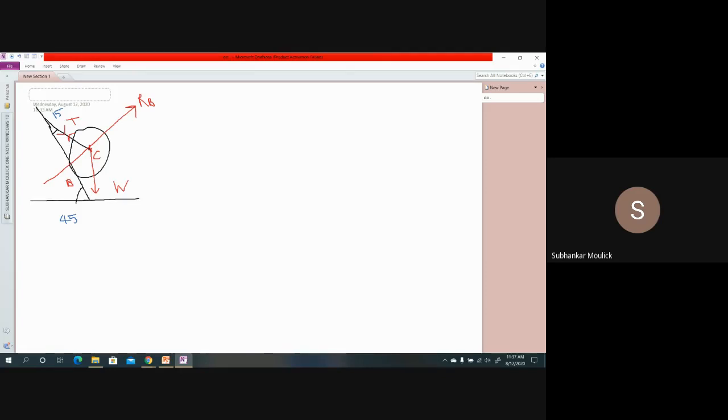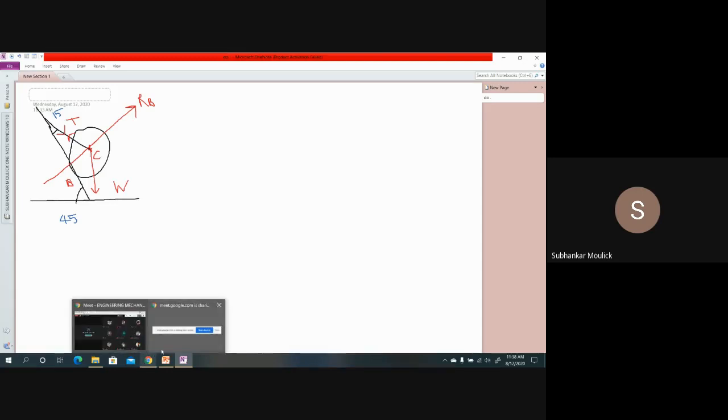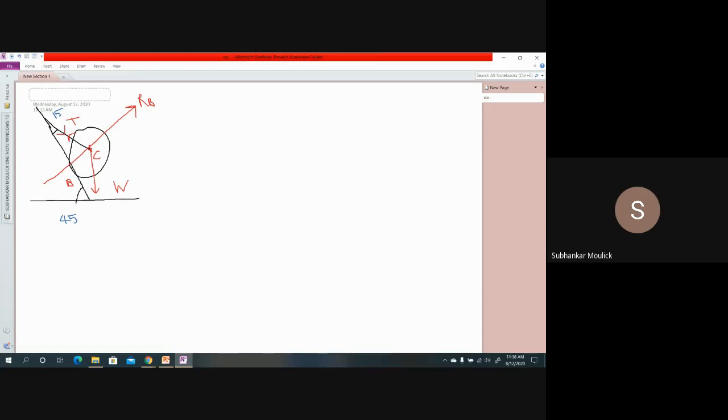So I have given the direction like this. If the value of tension comes out to be negative after solving the problem, what does it mean? That means I have taken the direction of the tension wrongly, and that direction will be opposite in nature. Fine. So is the FBD of the string clear to all of you? Yes, sir. Okay.